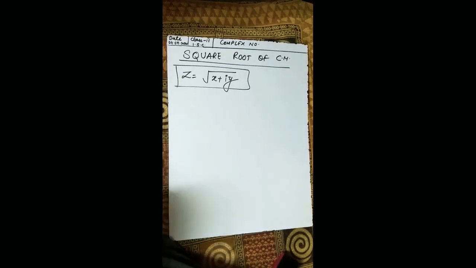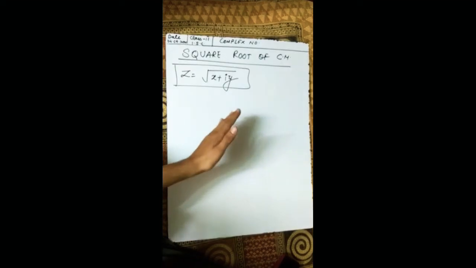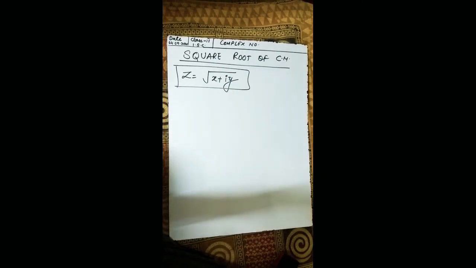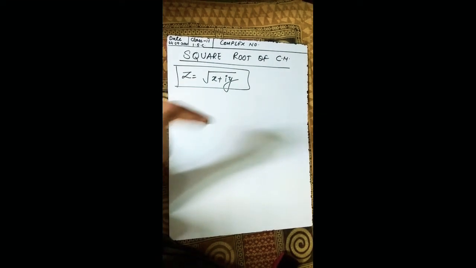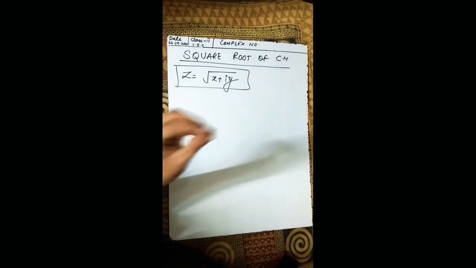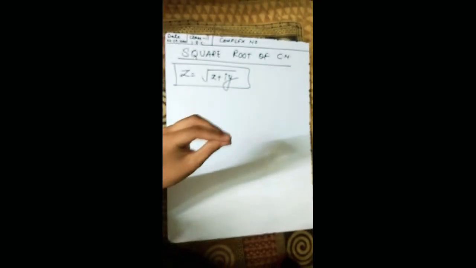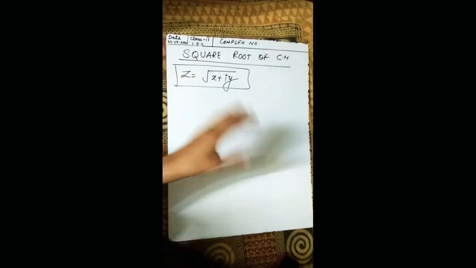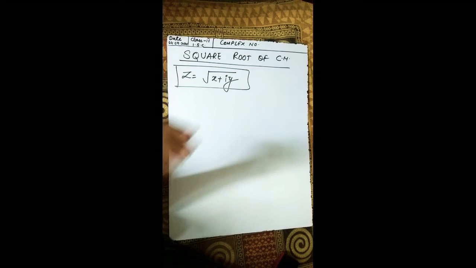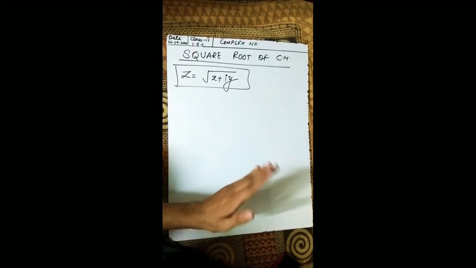Okay, so here comes the next topic, that is square root of a complex number, which is a very important topic from the exam point of view. Just as you can find the square root of any positive number or any real number, similarly you can find the square root of any complex number also.